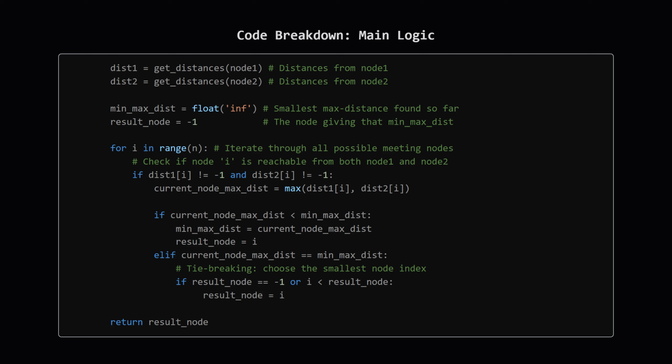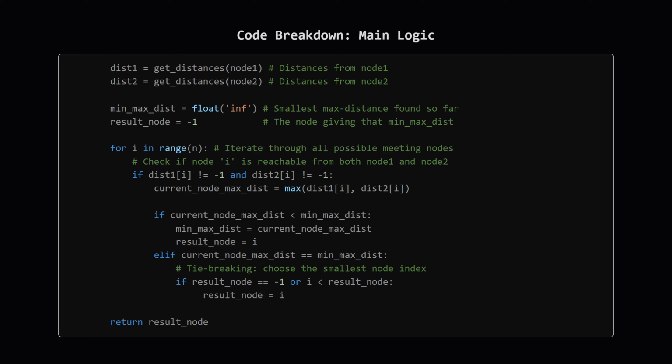Then, we loop through every possible node in the graph, using its index from 0 up to n-1. Inside the loop, for each node we first check, is it reachable from node 1? We know this if its entry in dist1 is not -1. And, is it also reachable from node 2? Similarly, its entry in dist2 must not be -1.